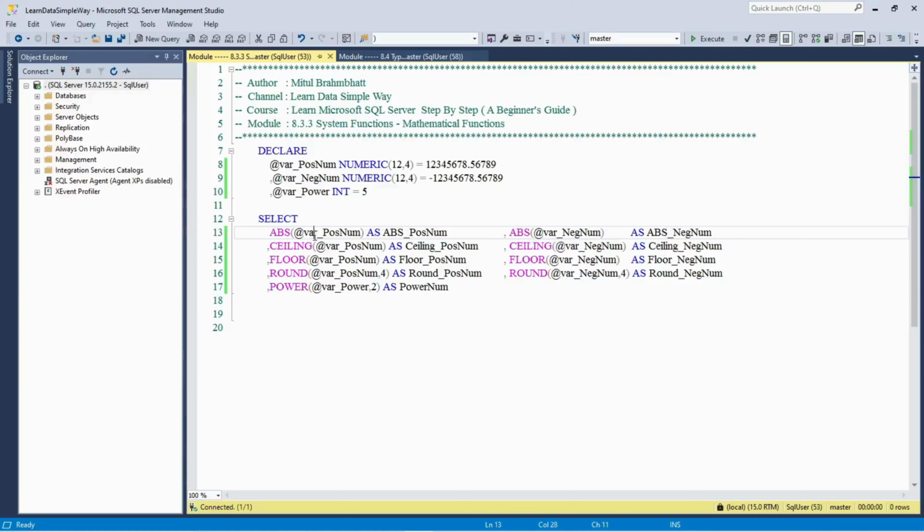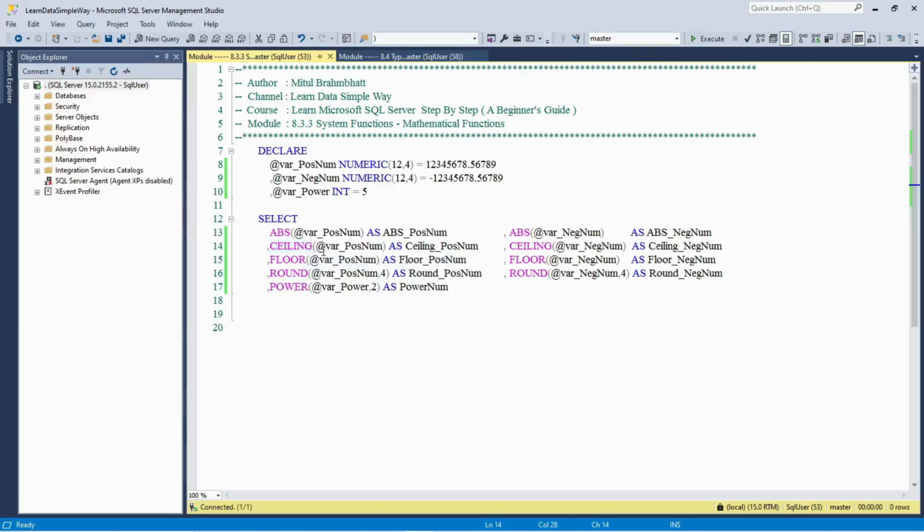That is the nature of the absolute function. Here we pass the positive number to show how it works, and then the negative number in the same function on the right-hand side with a different alias name, so you can understand the difference between them.